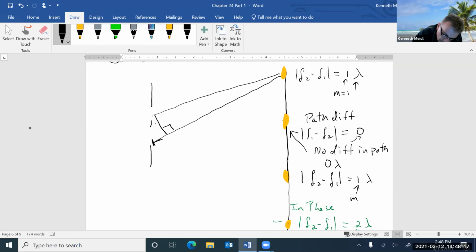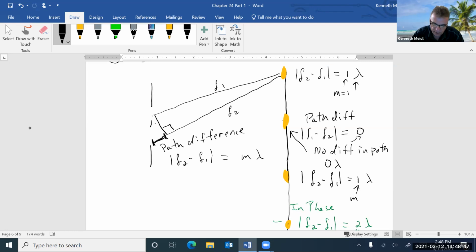And this right here is the path difference. That's how much longer the bottom ray here is than the top ray. And the path difference, so I'll call that 2, I'll call that one 1, in this case, is a whole number of waves or something like that, right? It's got to be a whole number of waves for constructive interference.